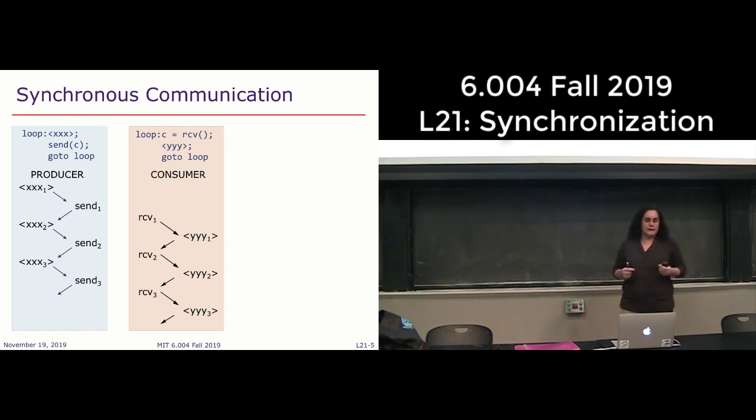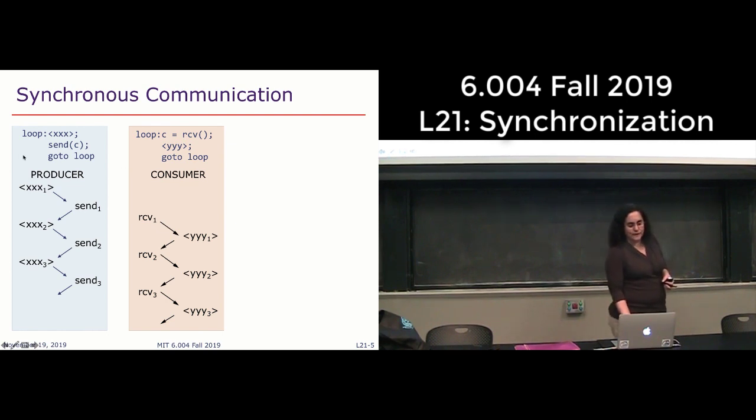What's going on is an endless loop in both cases, where my producer is running some instructions, XXX, which make it update some value, which produces some character, which it then sends over to the consumer, and then it goes back to the loop and repeats the same thing. The consumer, on the other hand, is waiting to receive some character. It then runs some instructions Y, and then it repeats its own loop.